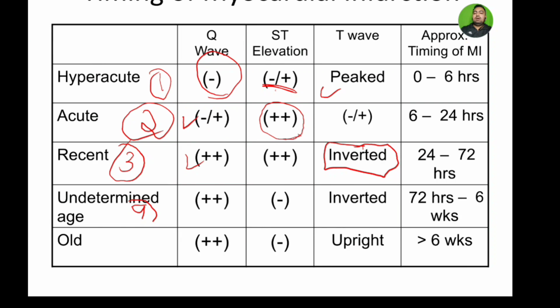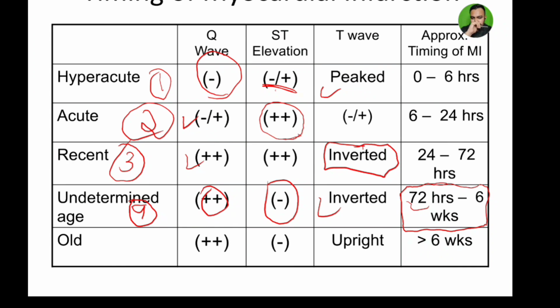And what is undetermined age? Whenever there is prominence of Q wave, ST elevation is absent, and T waves are inverted. So it can be anywhere between 3 days to 6 weeks, so between 72 hours to 1.5 months.